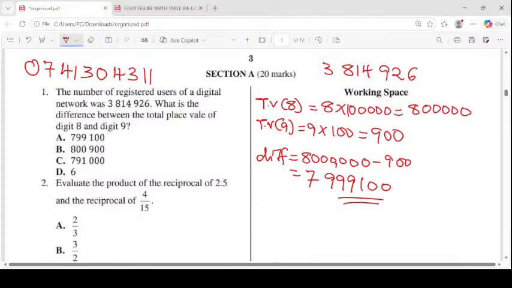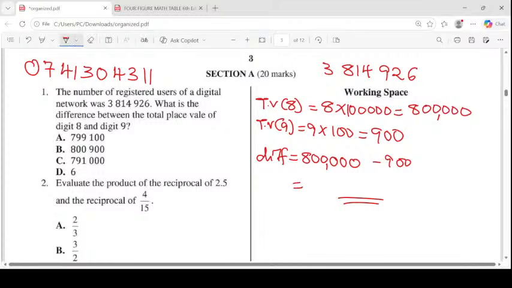ones, tens, hundreds, thousands, hundreds of thousands. This was 800,000. It was not 8 million. It was 800,000. I think I have a lapse there. So you are supposed to take 800,000 and less 900.